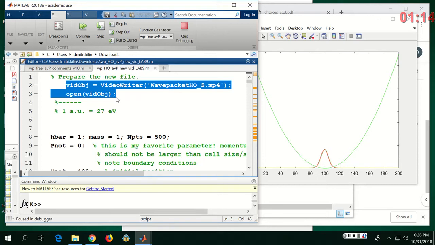So you need to open the file for writing, define the file where you will be storing your animated movie. It is 2 commands. First you define this video object, and then you open it.